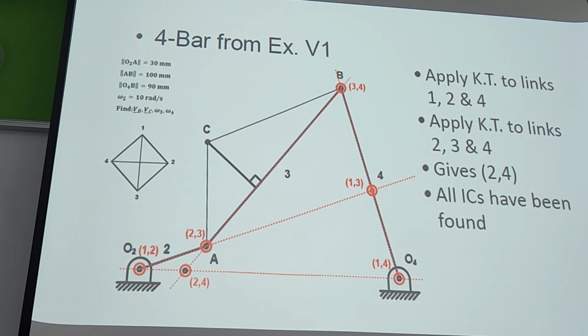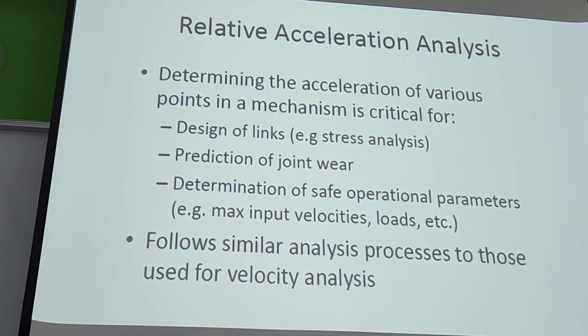This is also a point on link 3, and for point A on link 3 the instantaneous center is 1, 3. So you measure the distance from A to instantaneous center 1, 3, and VA over this distance will give you omega 3. Once you know omega 3, you can calculate the angular velocity of link 4, and then the velocity of all the points.